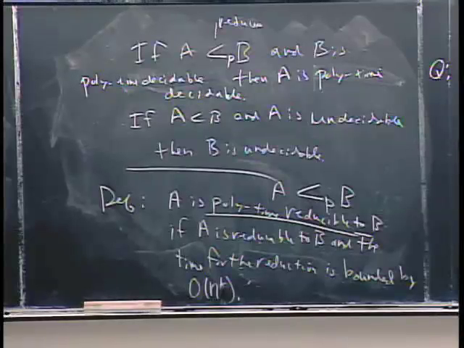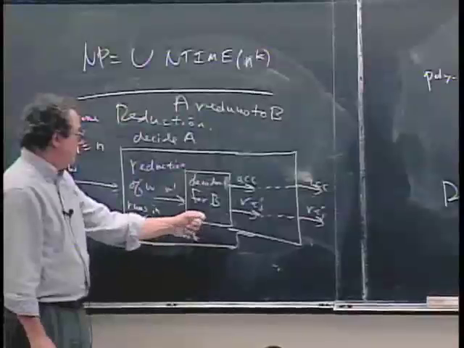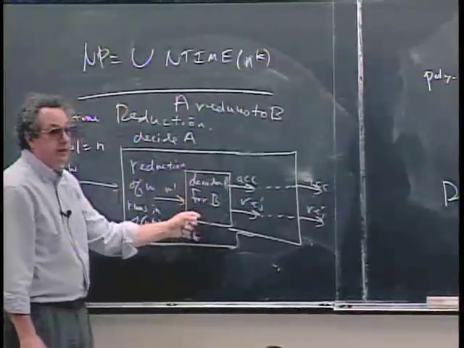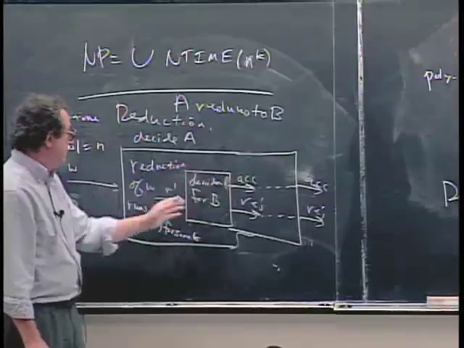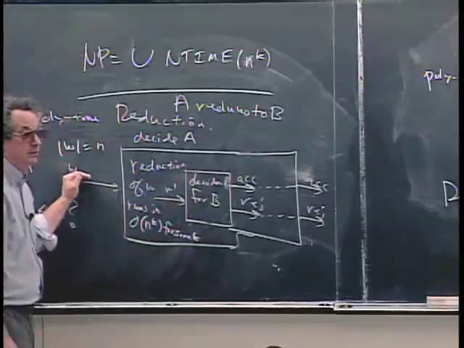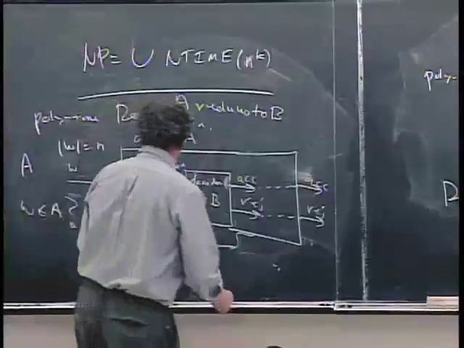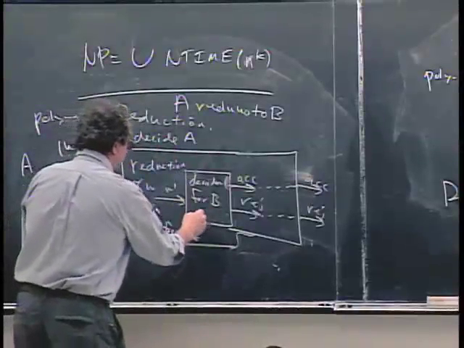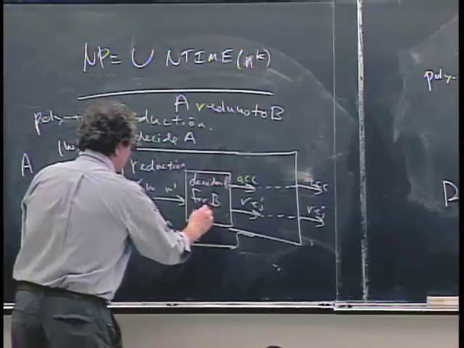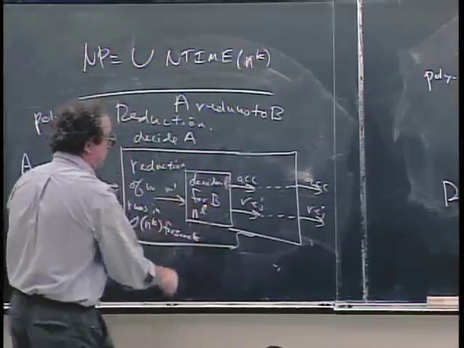Why? Because here this reduction takes some polynomial time, and here this decider is taking polynomial time as a function of its input. So what is this taking altogether in terms of W? It's a polynomial of a polynomial. Let's say this is n to the k, and this, in terms of its input size, runs in n to the L, where now n is its input size.